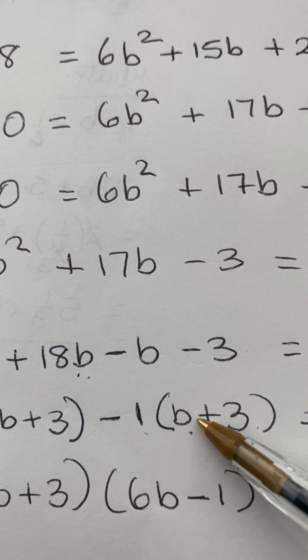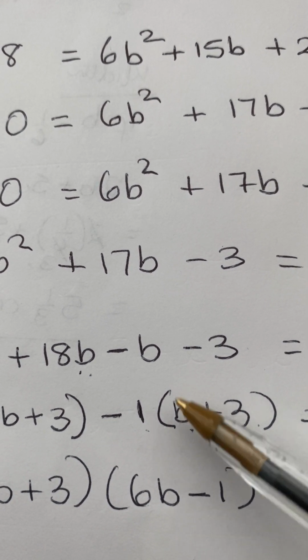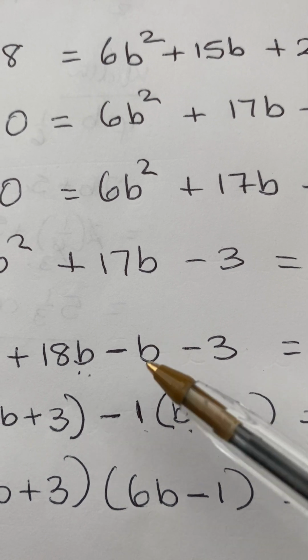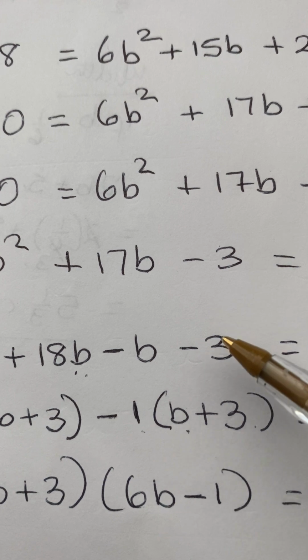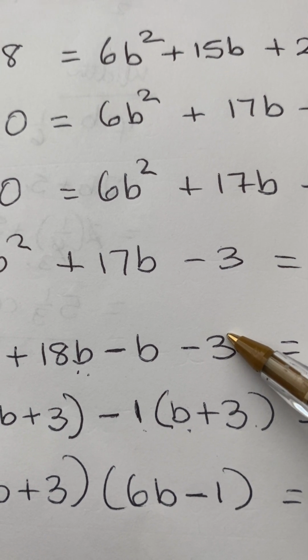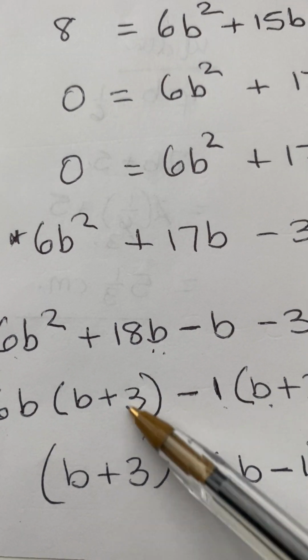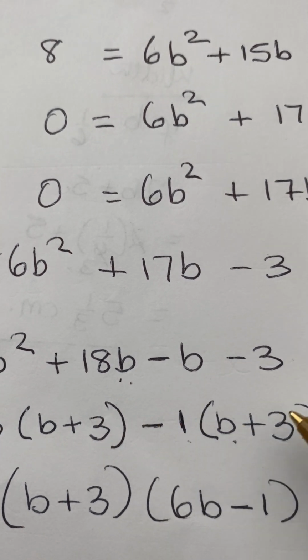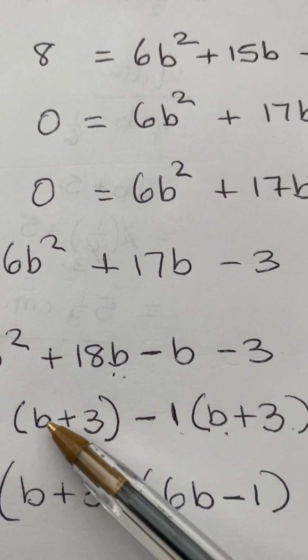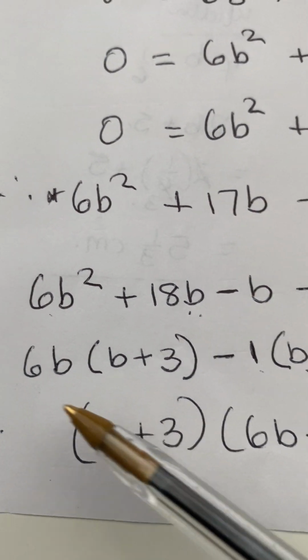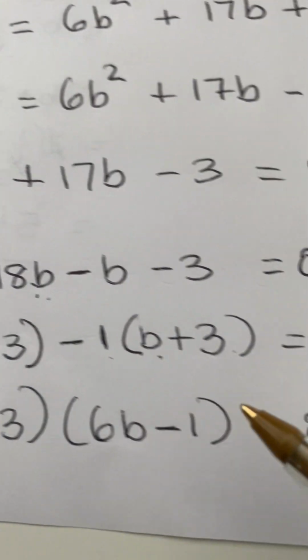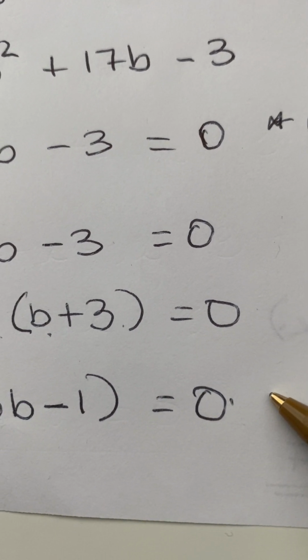If we multiply minus 1 by b, we get minus b. Minus 1 by 3, we get minus 3. So now everything in the bracket is the same. We have b plus 3 there, and then 6b minus 1 equals 0.